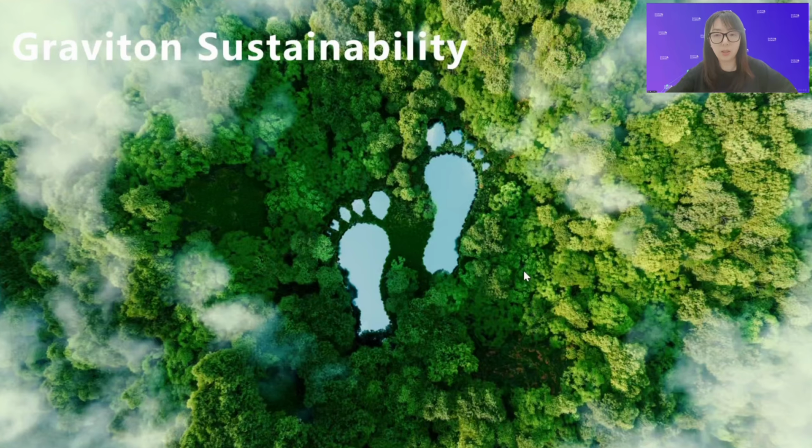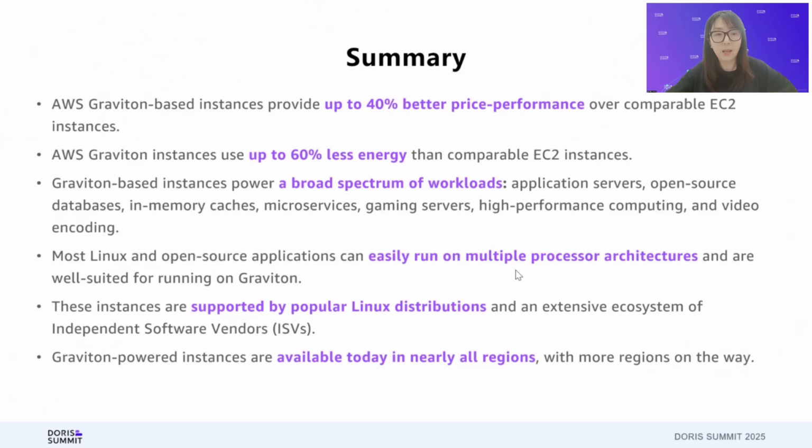Last but most important, beyond performance and cost benefit, Graviton processors deliver significant sustainability advantages that align with modern corporate environmental goals. This combination of performance, cost efficiency, and sustainability makes Graviton 4 the ideal choice for your workload. Okay, let me summarize the key benefits of Graviton-based EC2 instances.